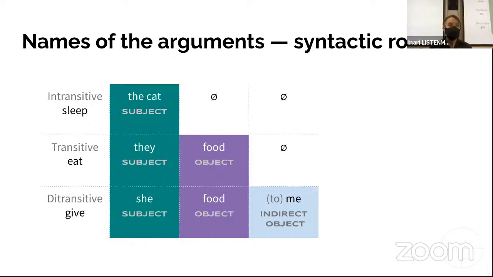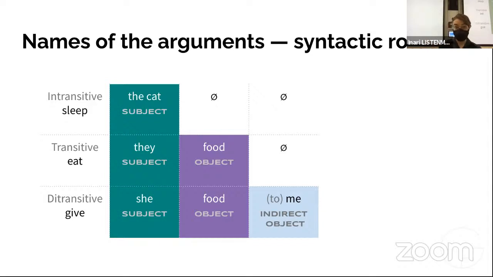When we're talking about syntactic roles, we call the doer argument a subject, and then we call the object or direct object this: they eat food, she gives food, and then the indirect object is the one who receives the food in the ditransitive, like she gives food to me, so then me is the indirect object.